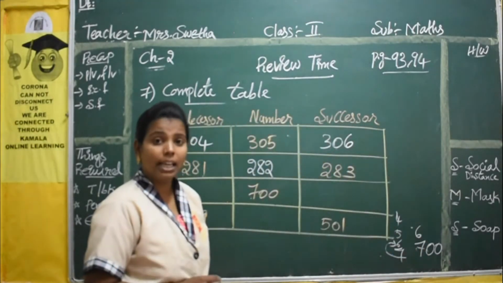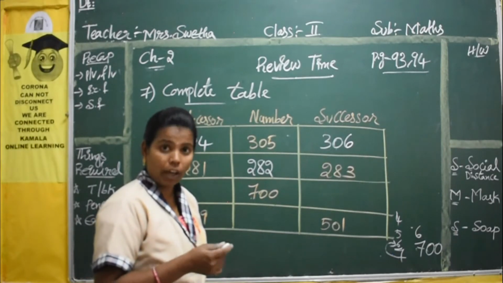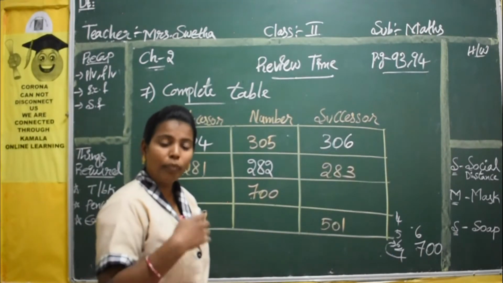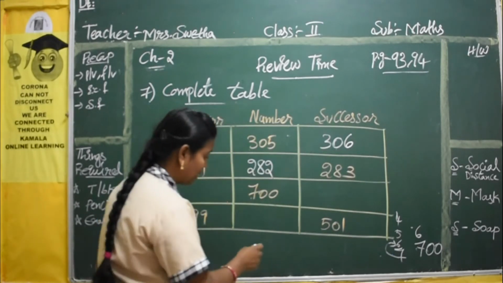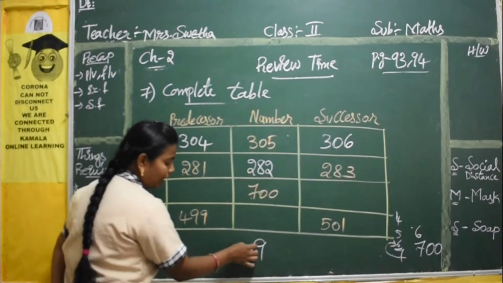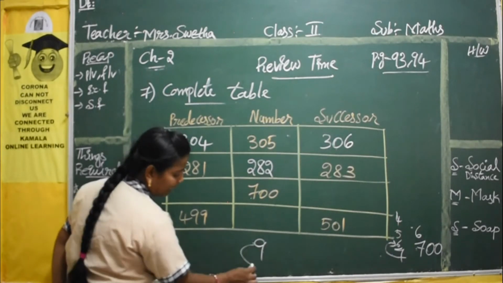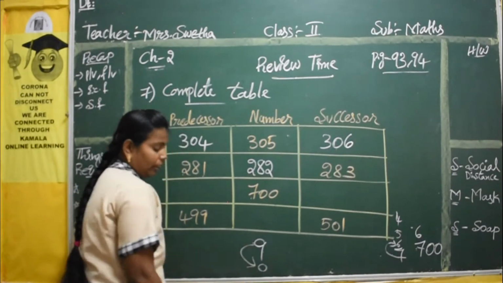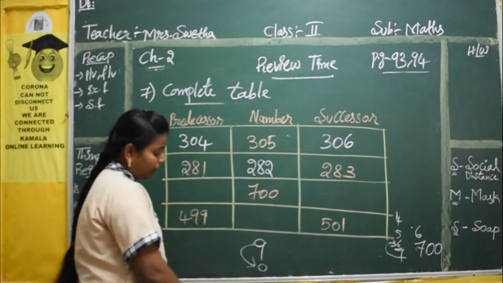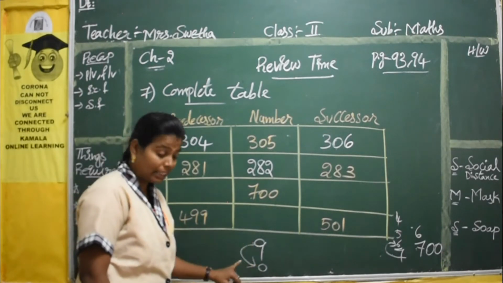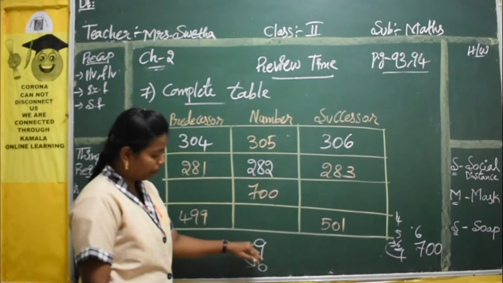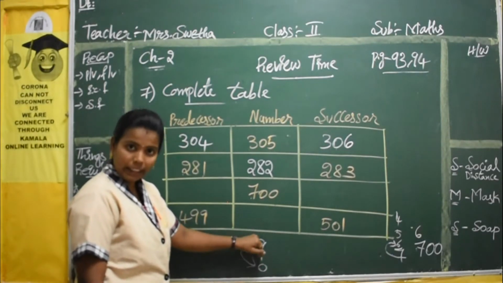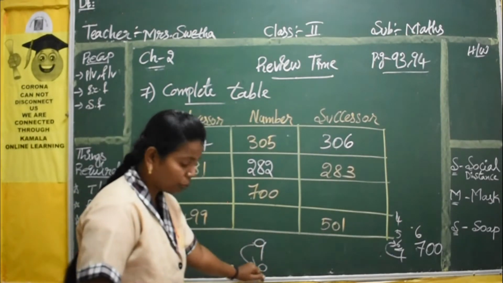In the first class I said that wherever you have zeros, the before number you will take is 9. Wherever you have 9, in the next place you will take 0.